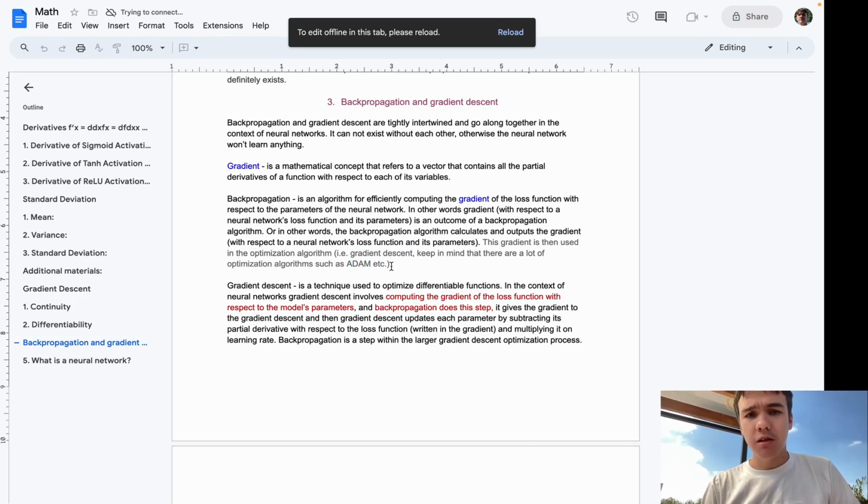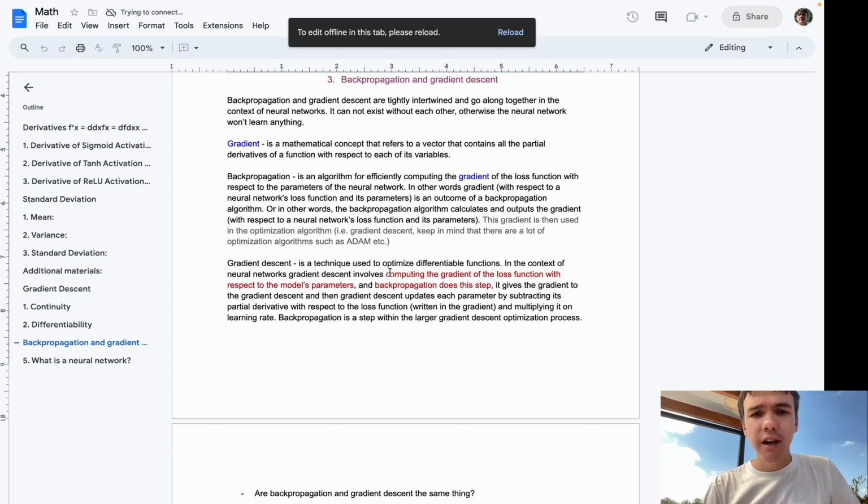You can check this out, but you don't need to right now, because almost all neural networks usually use gradient descent. But of course, Adam can be applied as an optimization technique.